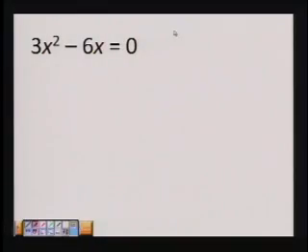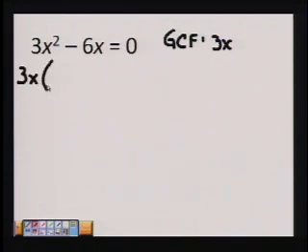How about this one? 3x squared minus 6x equals 0. This time, our terms have a greatest common factor of 3x. So we'll factor that out. 3x times x gives me 3x squared, and 3x times minus 2 gives me minus 6x.